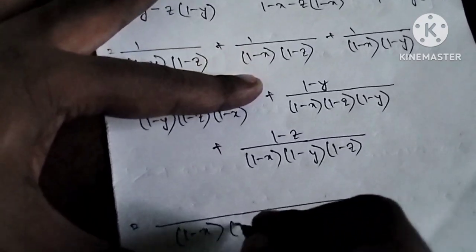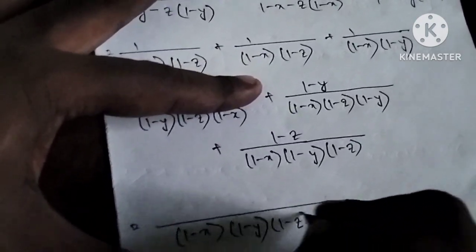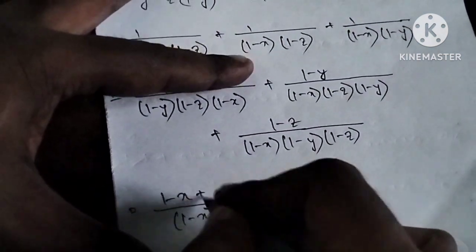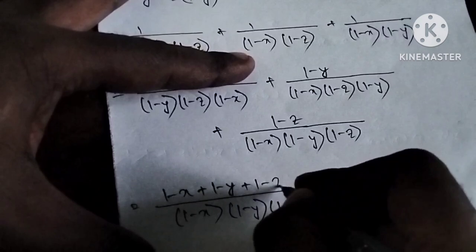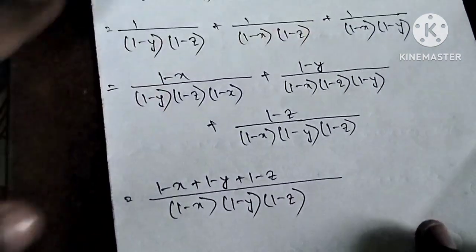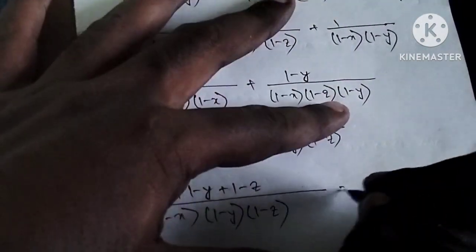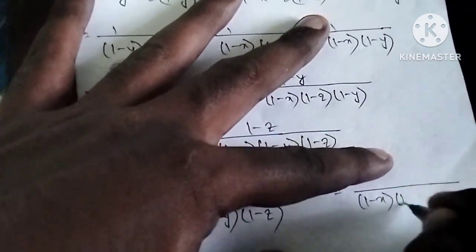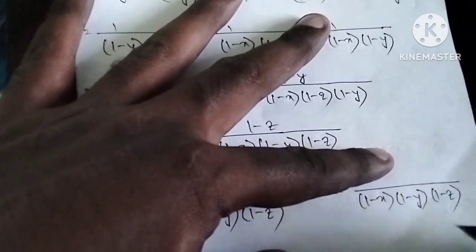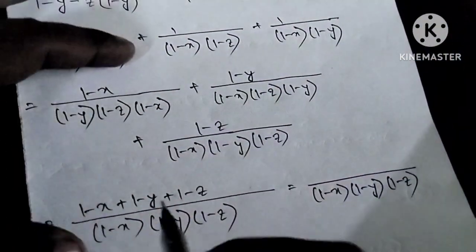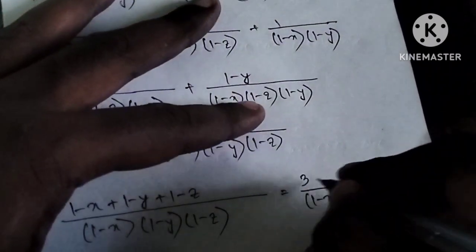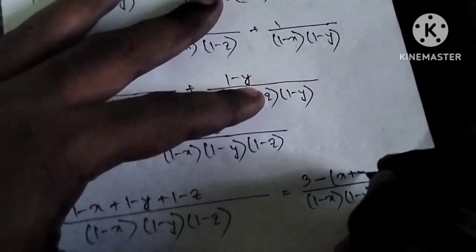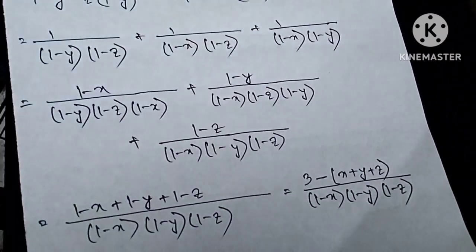So in the numerator will be 1 minus x plus 1 minus y plus 1 minus z, and the denominator will be 1 minus x, 1 minus y, 1 minus z. Clear? Here 1 plus 1 plus 1, 3, minus x minus y minus z, can be written as 3 minus (x plus y plus z). Clear?